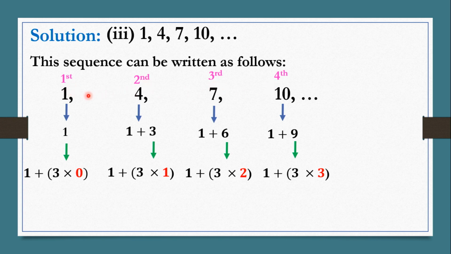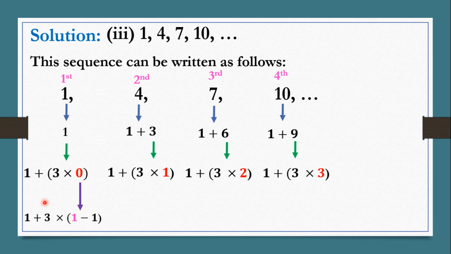This is where I get the 3. You can see that we are adding 3. 1 plus 3, 4. 4 plus 3, 7. 7 plus 3, 10. So I'm trying to rewrite the different terms in terms of 3. 3 times 0, 3 times 1, 3 times 2, 3 times 3.